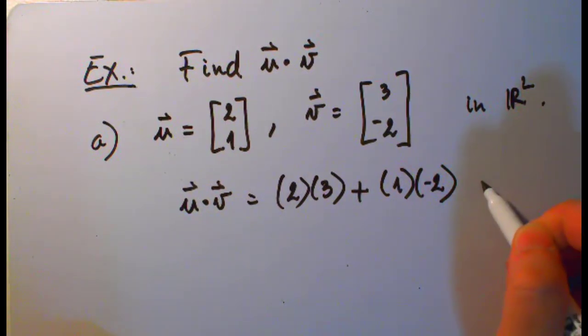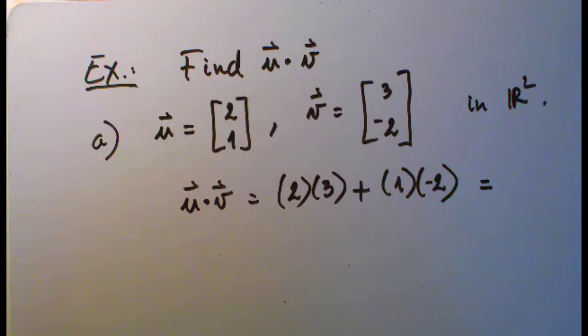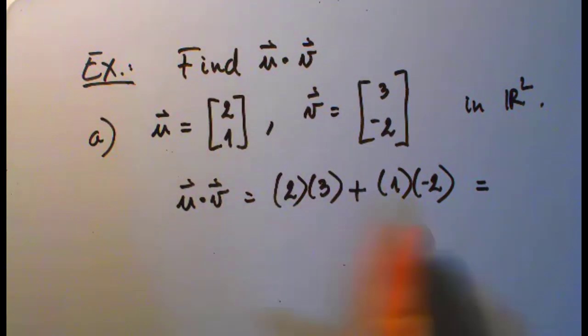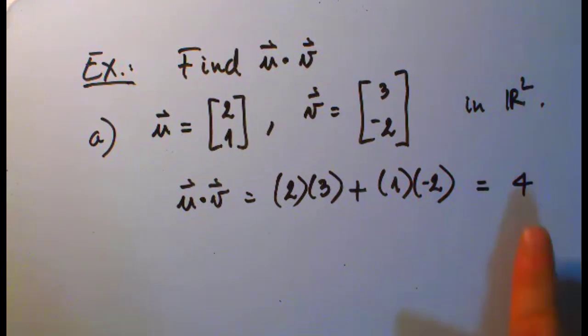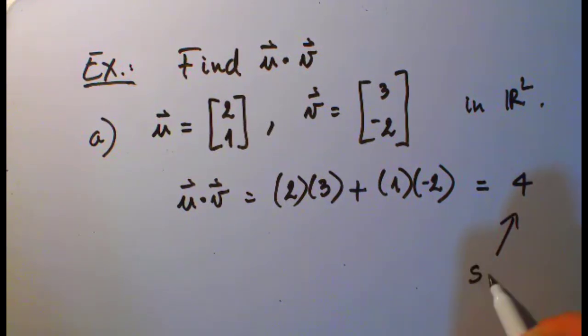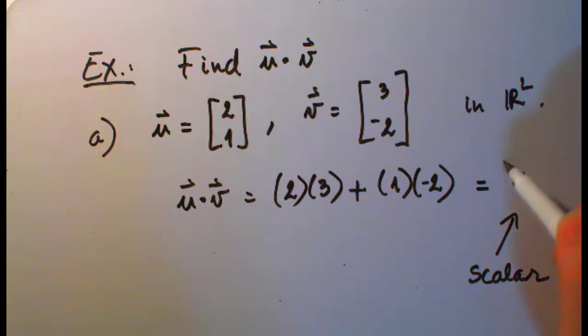After doing the quick calculation, that's 6 and that's -2, so the final answer here is 4. Notice the final answer we have here is not a vector. It's actually a scalar. But that's our answer.